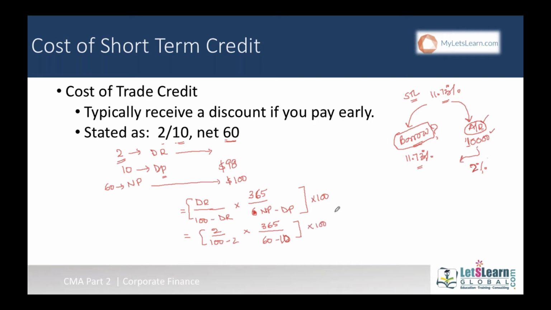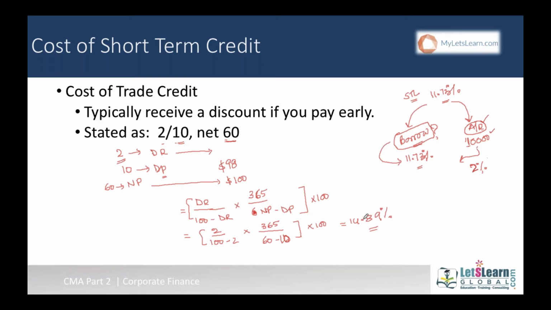which will give you 2 divided by 98, times 365 divided by 50, which gives you 14.89%. So if we give a discount to our customers, telling them to pay within 10 days of the invoice, the cost of giving the discount is 14.89%.